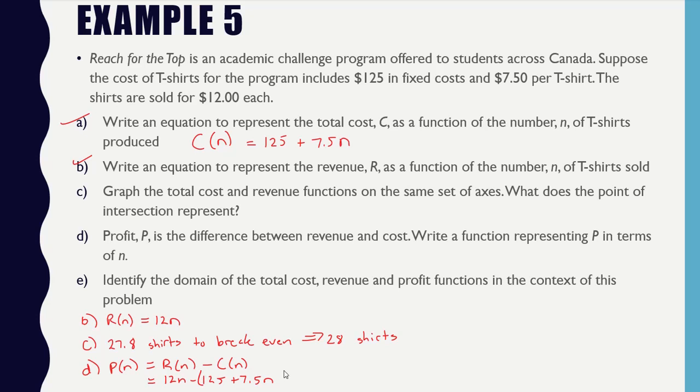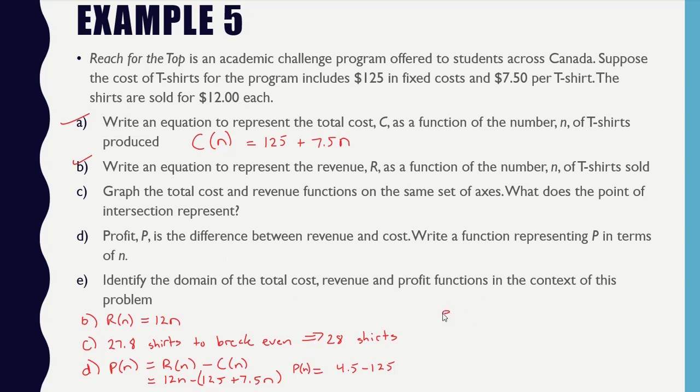Now that does have to be in brackets, and then that will simplify to 4.5N minus 125. And that's what our P of N, or our profit, is equal to.